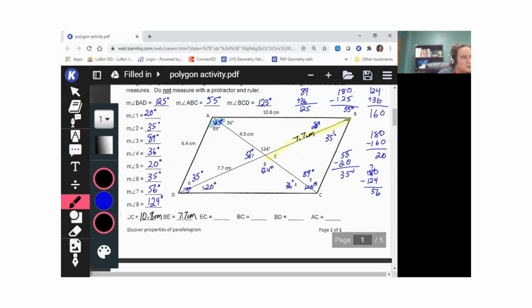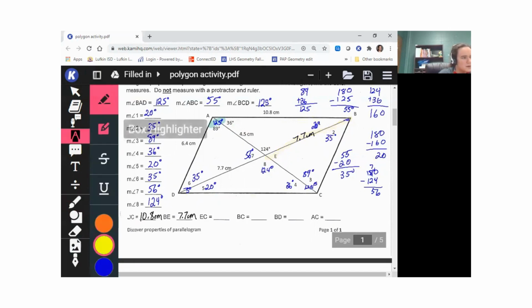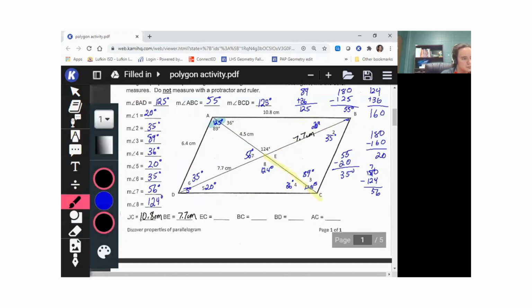And then we're looking for EC. EC is this length. Again, it's on one side, it's on the other. So it's 4.5 centimeters. And then I'm looking for BC.